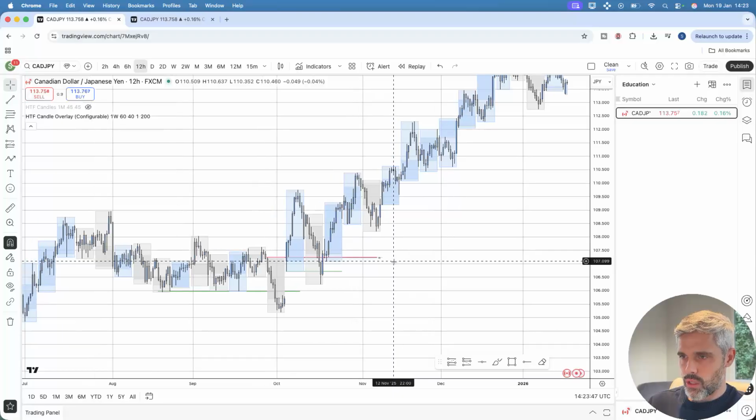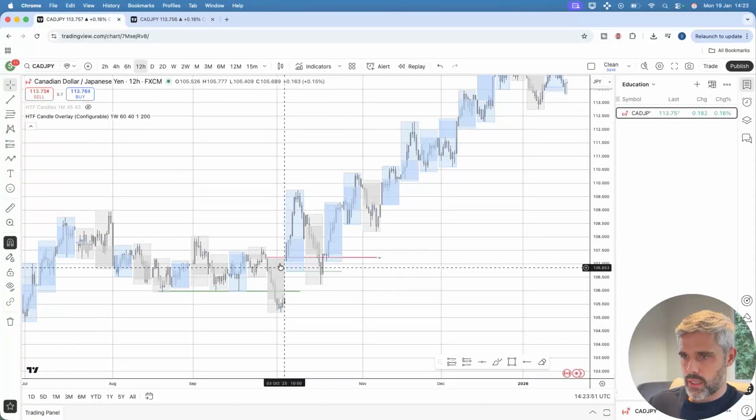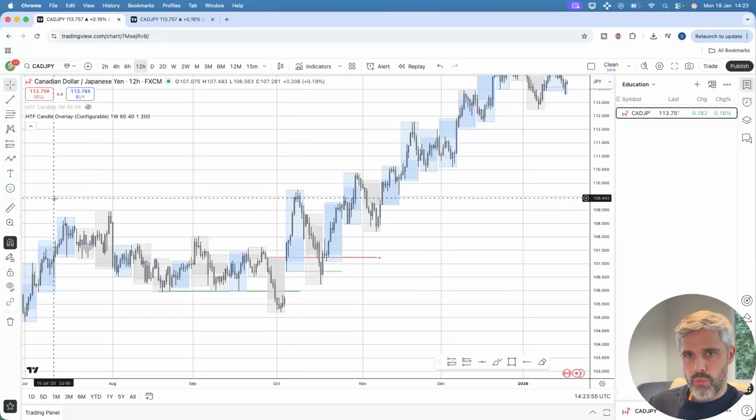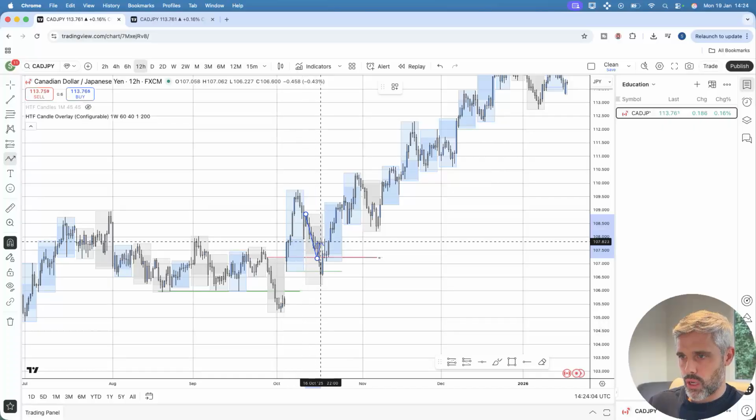So I'll just draw that on, and you can see we have a bullish weekly candle creating the bearish weekly order block. We have price retracing into the order block, so respecting highs, trading through lows.